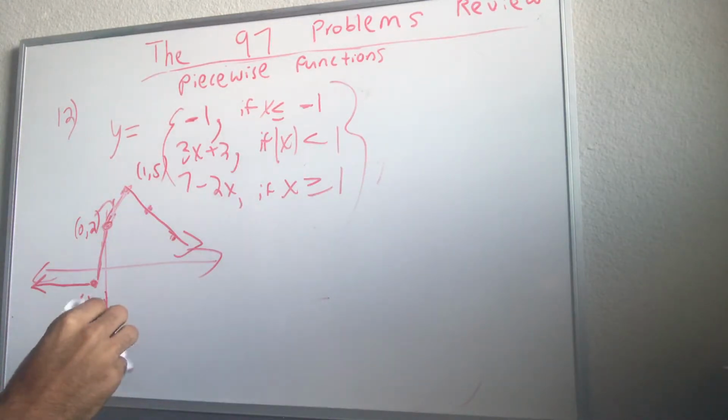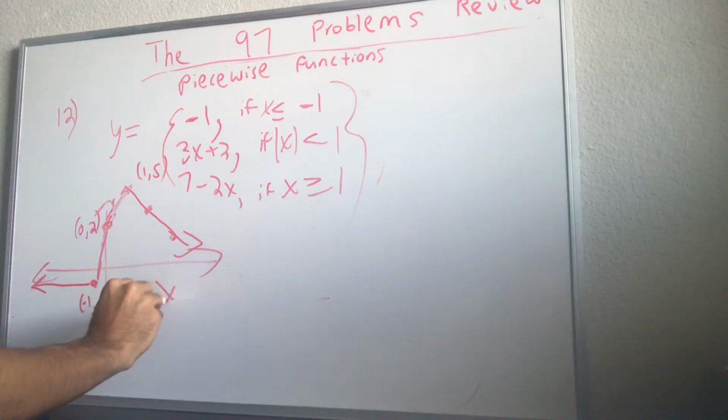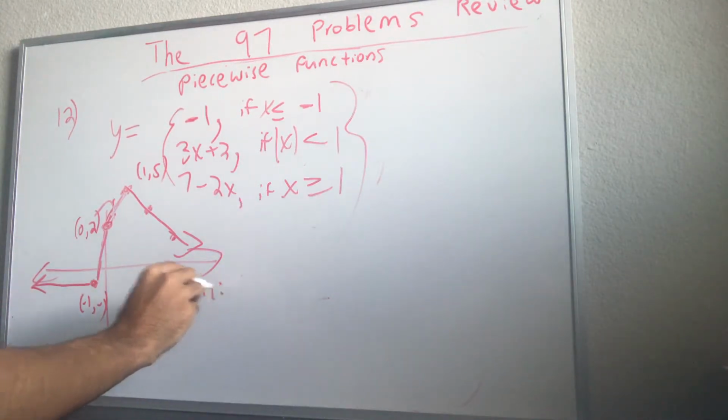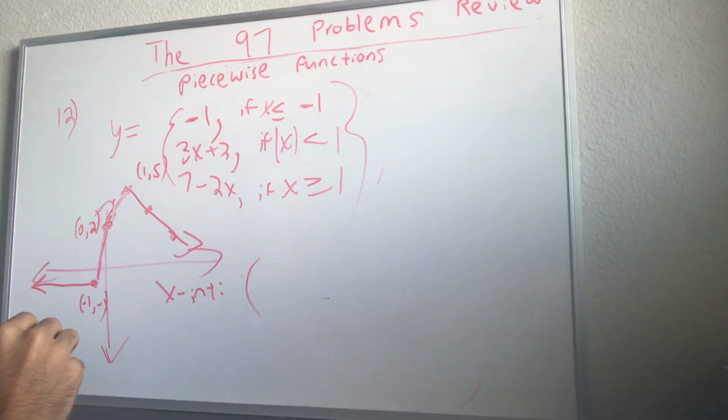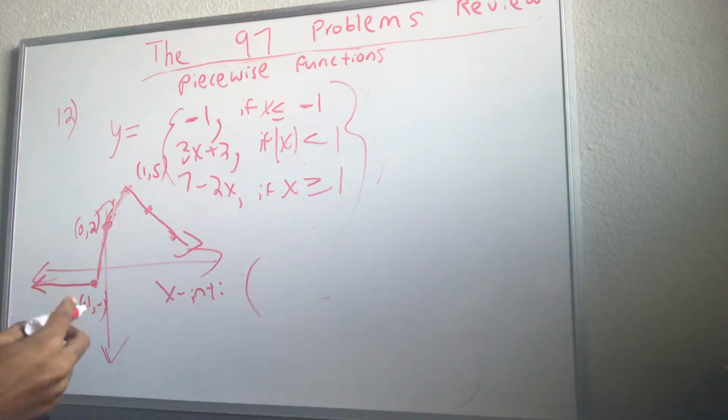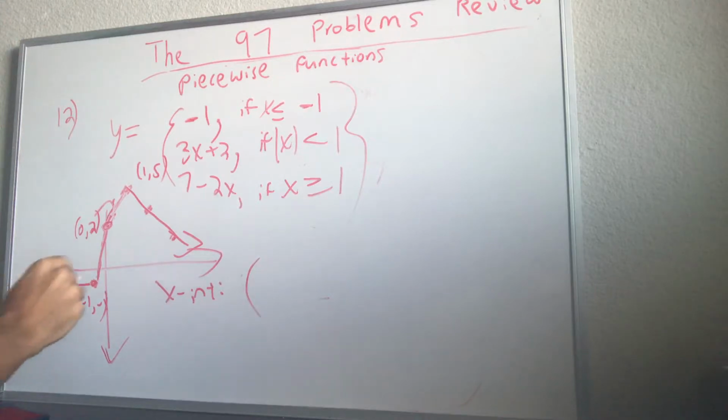Now our x-intercept is the value of x when y is set to 0. So when we're talking about our x-intercepts, we're seeing at which points the graph crosses the x-axis.